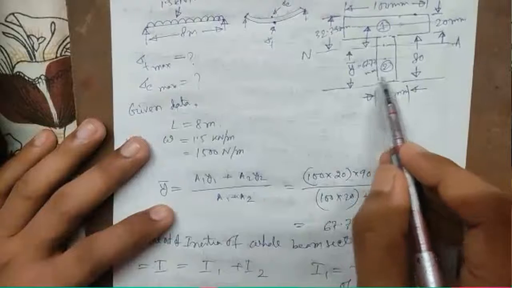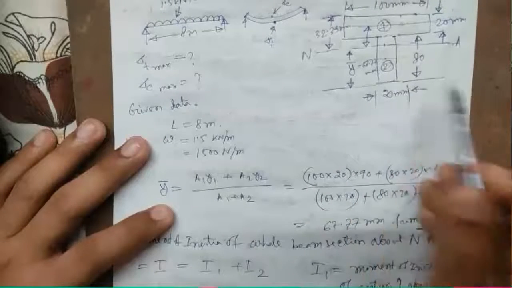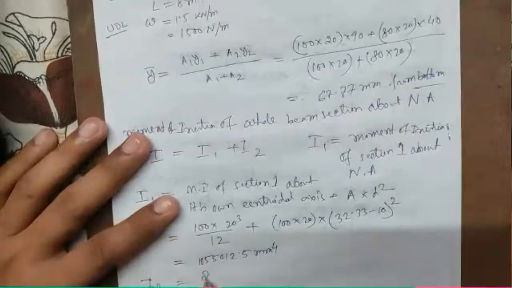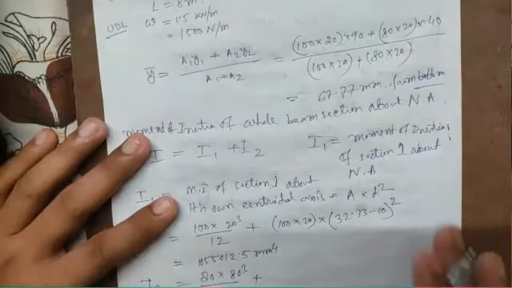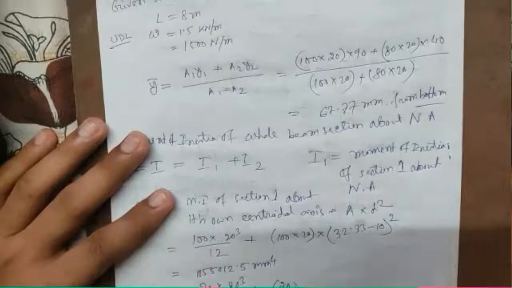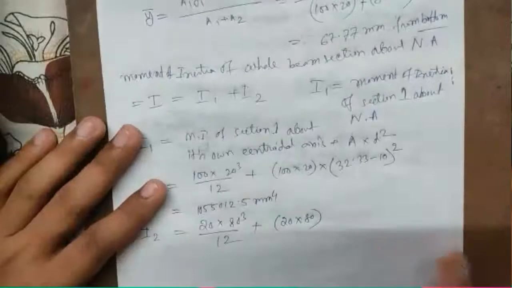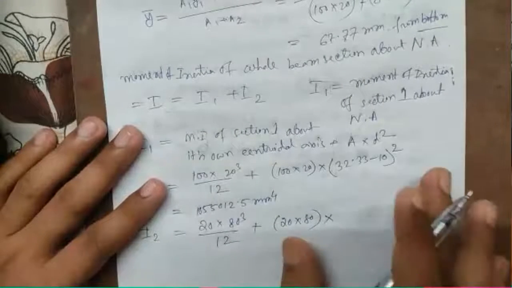For I2, b is 20, d is 80. So 20 into 80 cube by 12 plus area, 20 into 80, into d square. Now we have to find d for I2.